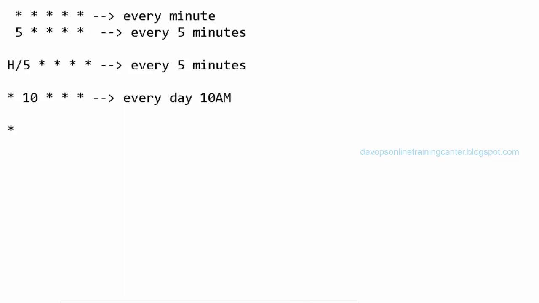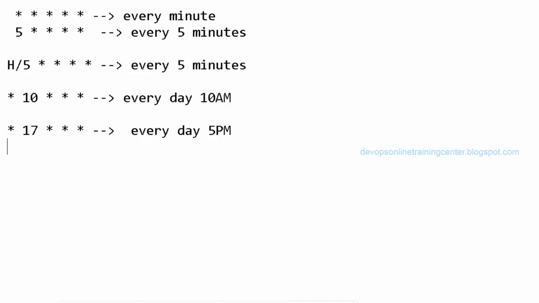Or if I specify something like this, when does this run? Every day, 5 p.m. So this runs every day at 5 p.m. This is 24 hours format. So 10 indicates that it's at 10 o'clock in the morning. So 17 indicates that it's at 5 p.m. in the evening, right?